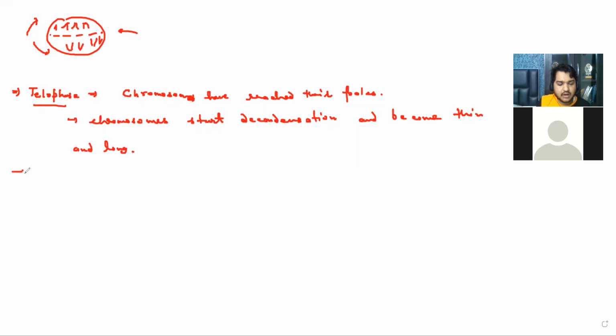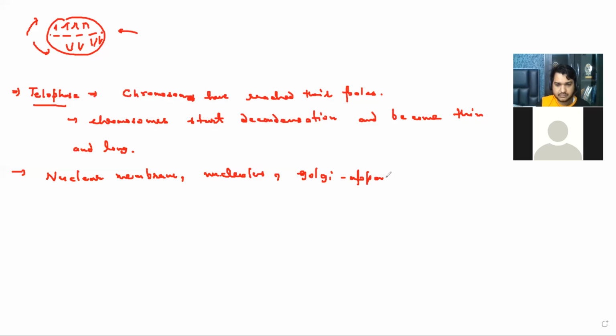The nuclear membrane and nucleolus reappear. Decondensation of chromosomes: chromosomes become big again, thin and long. It is the reverse effect of prophase.